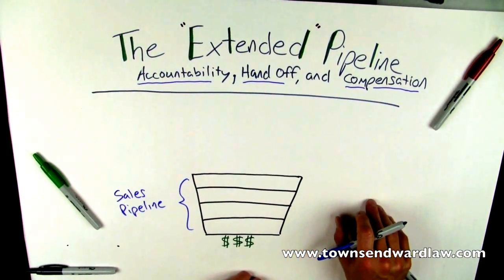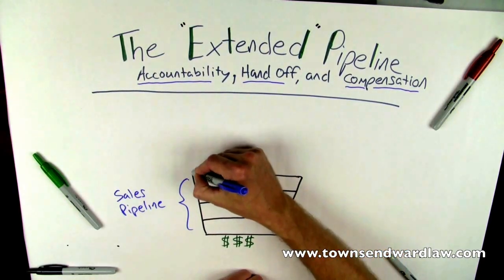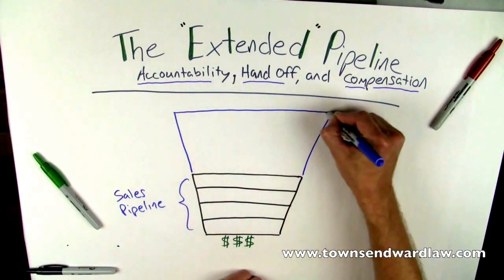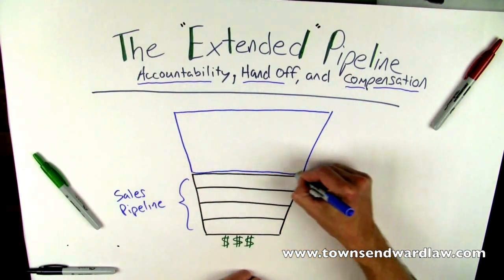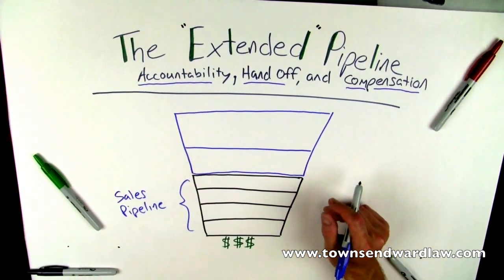But these days, you really have to think about pipeline in a broader context that encompasses not only the sales process, but also the marketing process and, as appropriate, the demand generation or lead creation process.